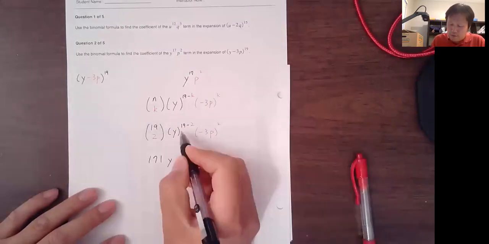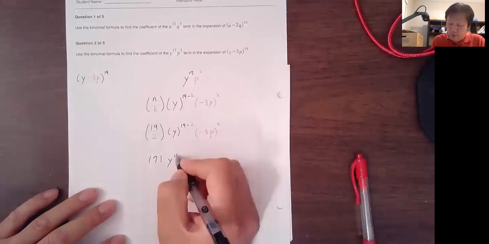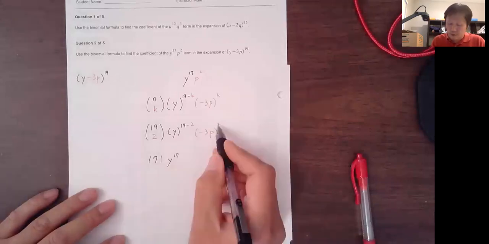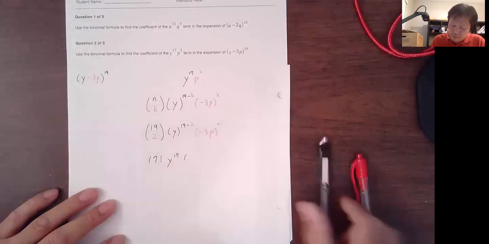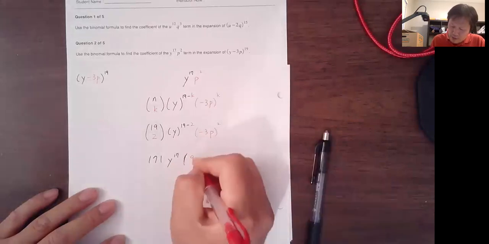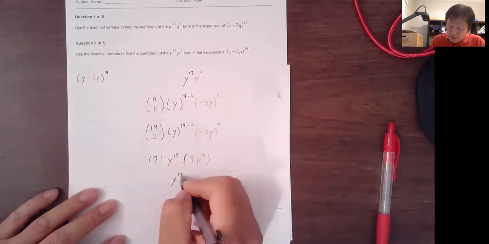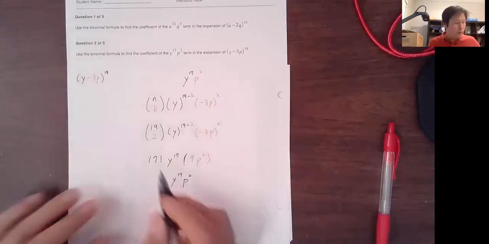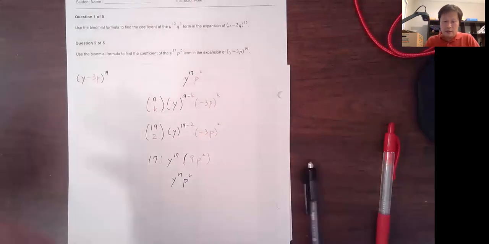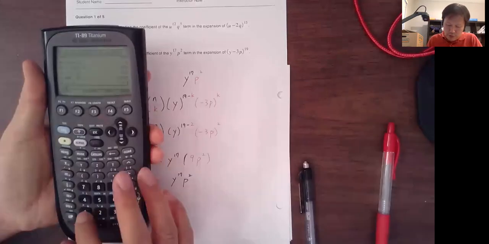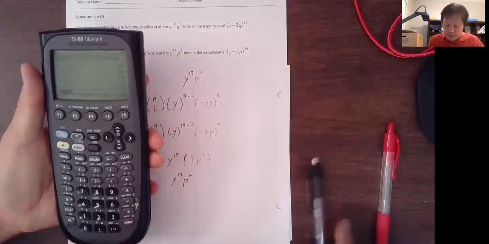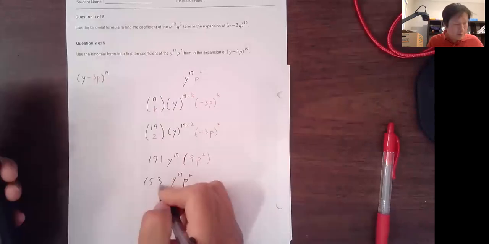y to the power of 19 minus 2 is the 17th power. Minus 3 to the second power is 9. p to the second power. So all you have to do here is y to the 17th power, p to the second power, 171 times 9. 171 times 9 is 1539.